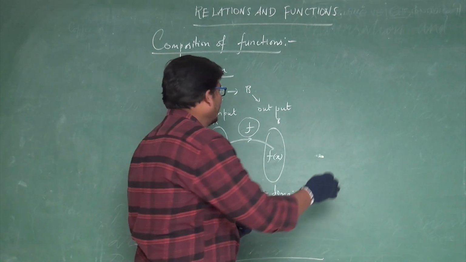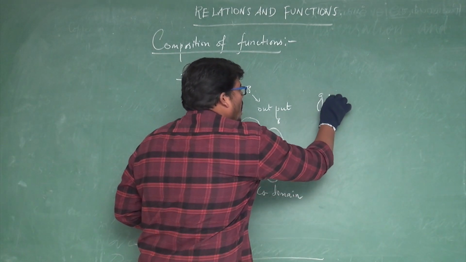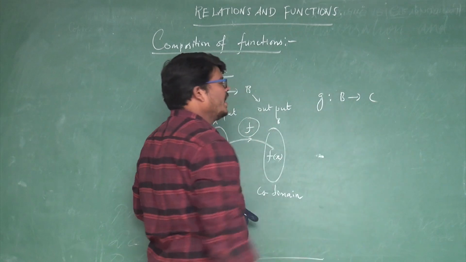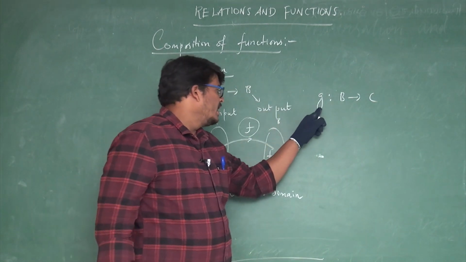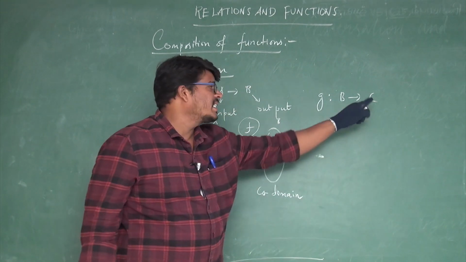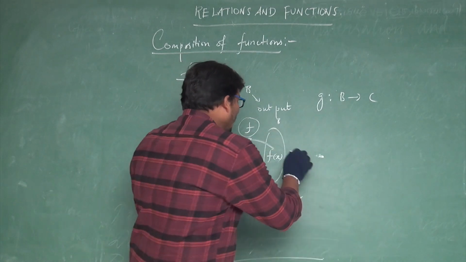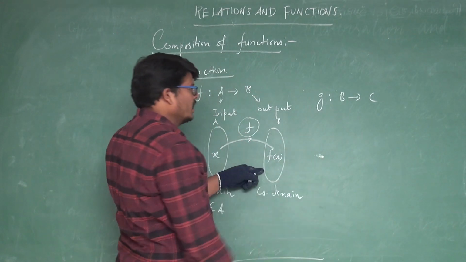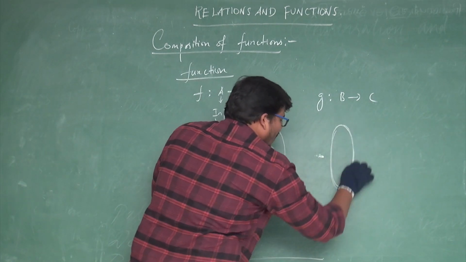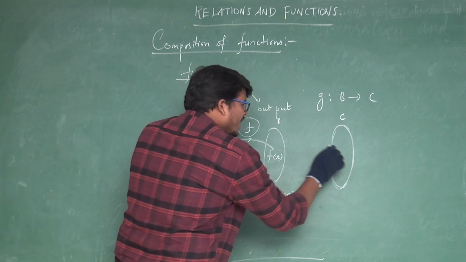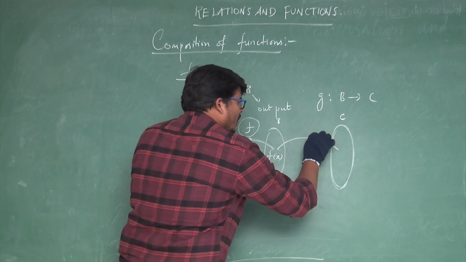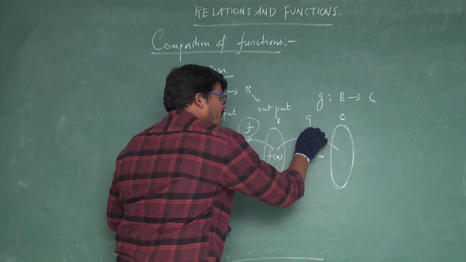Where g is another function, defined as g from B to C. The function g is from B to C, where B is the input value, which is f of x, and the output value is in C. The mapping from B to C is called the function g.